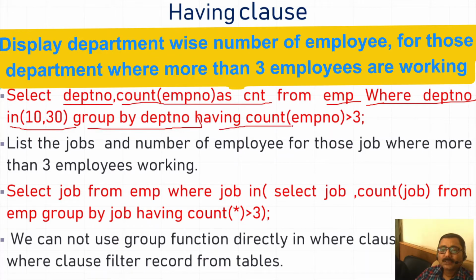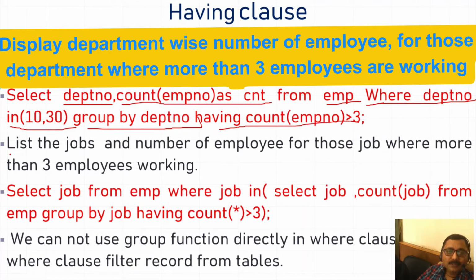Having count(EMPNO) greater than 3, means after grouping this particular condition will check if count of EMPNO is greater than 3 in any of the records. Only in that case this will go in the output.